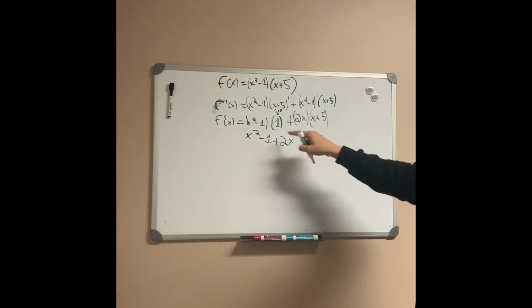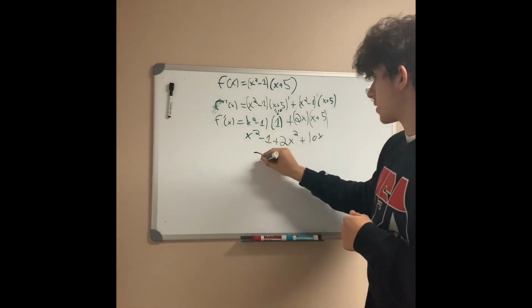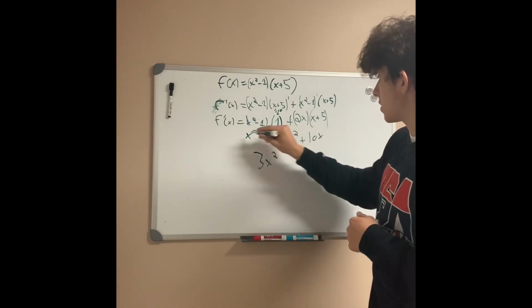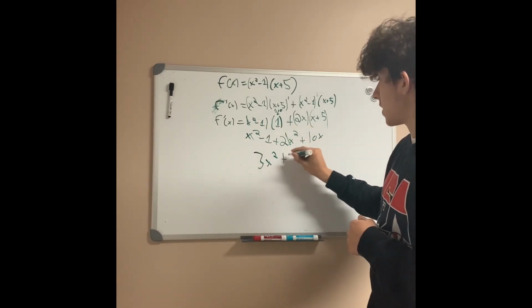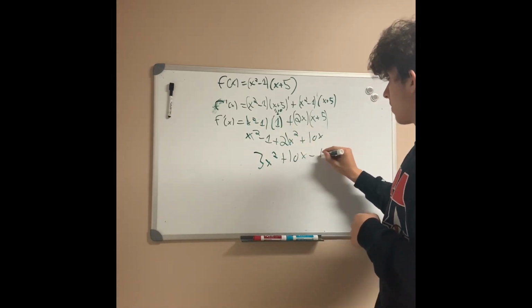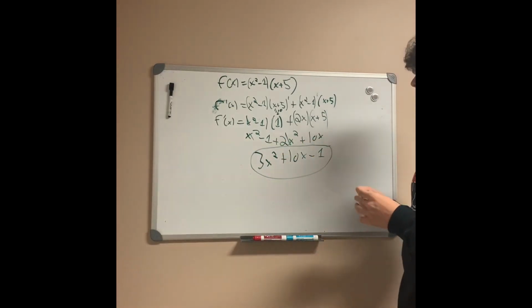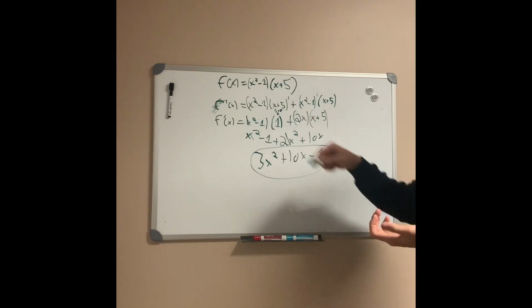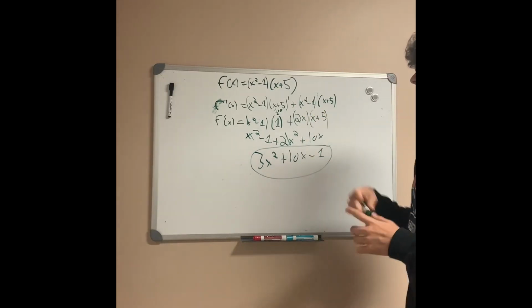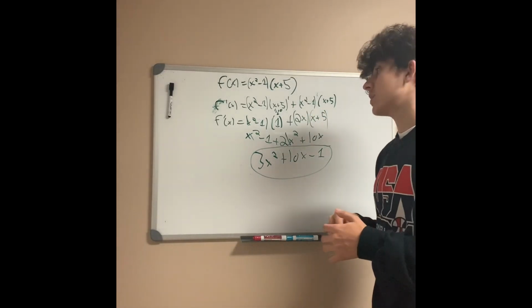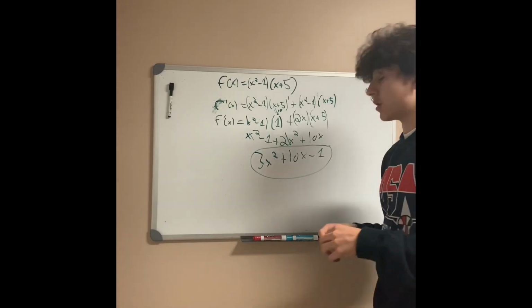And from here, you combine the x squared terms to get 3x squared, plus 10x minus 1. This would be your final answer. The reason you get that is by using the product rule, and then from there it just becomes going back to the power rule, which we learned before.